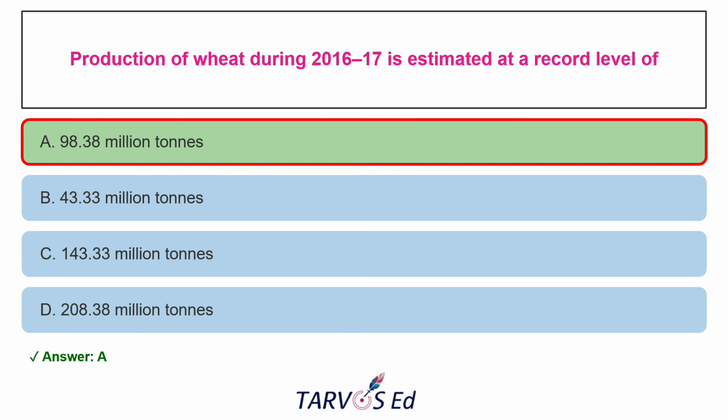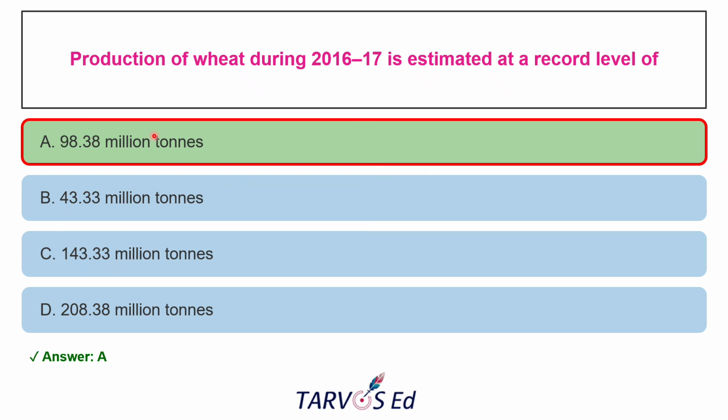The next question is: production of wheat during the year 2016-17 is estimated at the record level of... So the correct answer is 98.38 million tons. As per the fourth advance estimate of the Ministry of Agriculture, wheat production in 2016-17 is 98.38 million tons. So this was a record at the time.